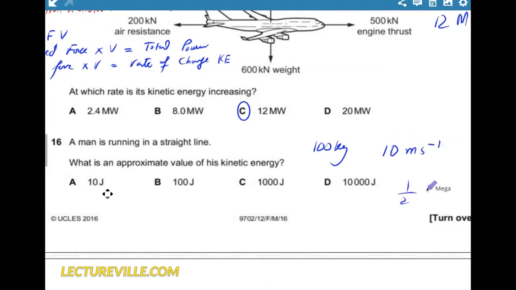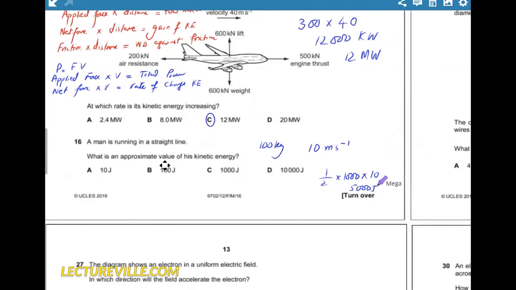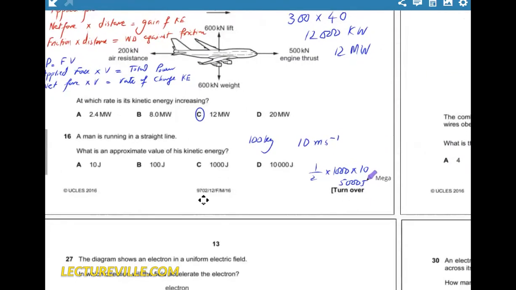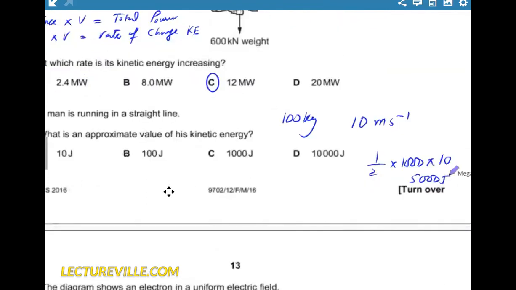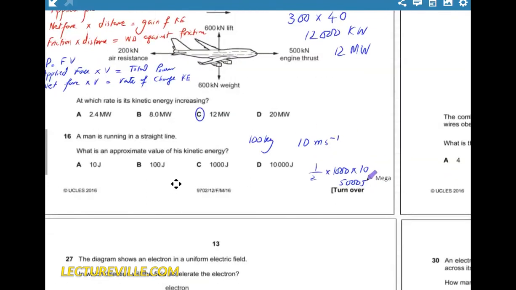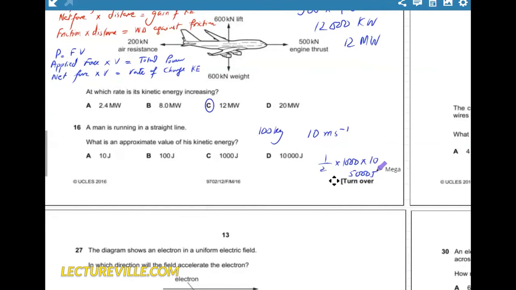1 by 2 into 1000 into 10, 5000 joule. The value of kinetic energy. Now, why is it 5000?